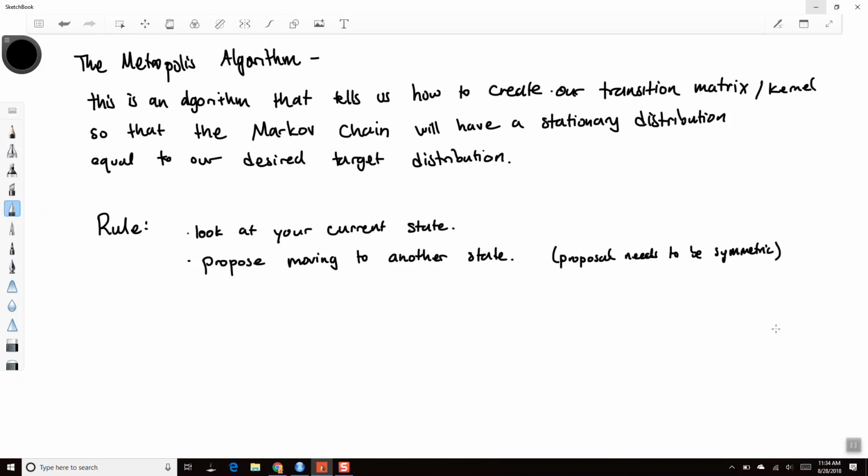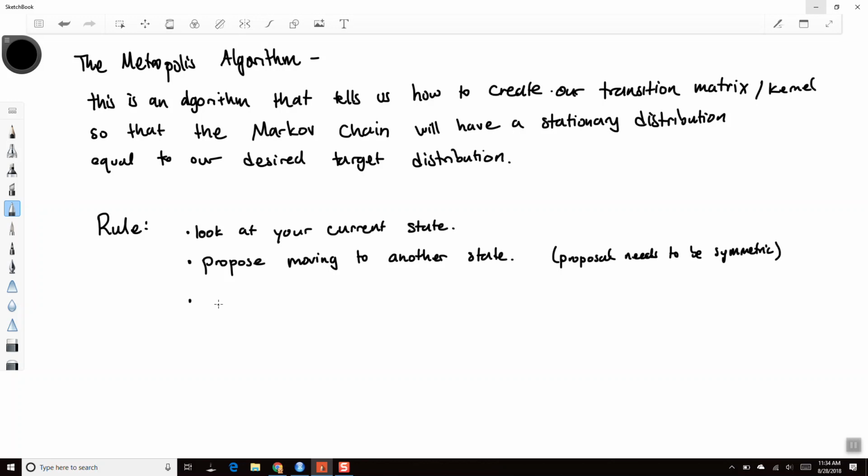Okay. So you look at your current state, right? You're at this state, and then you say, maybe I'll go to another state. Okay, you propose moving to another state. And then you will either go to that state or you won't, okay? And this is how you decide, okay?